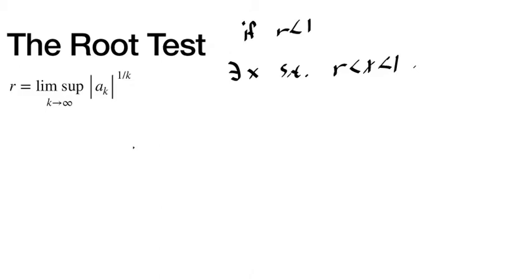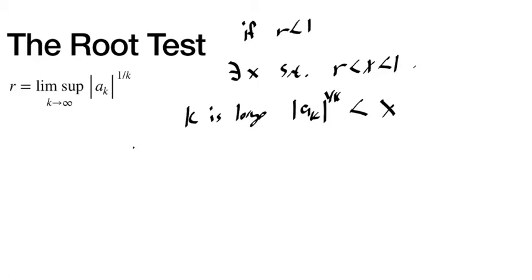Okay. But then what that means is that if k is very large, in other words, if there exists some capital N such that a_k is really close to this value, then a_k to the 1 over k is going to be less than x.